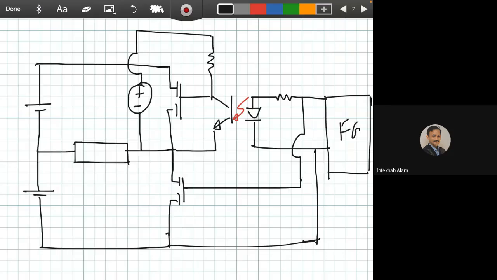We have the function generator, and using the optoisolator circuit connection, you'll find an inversion here.